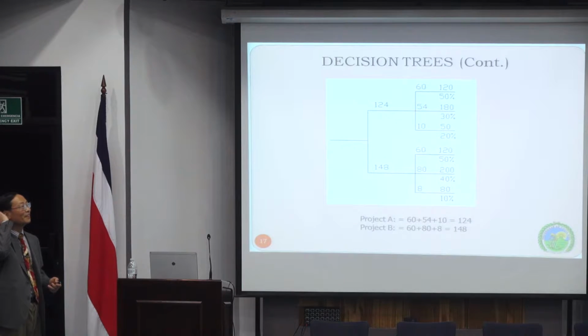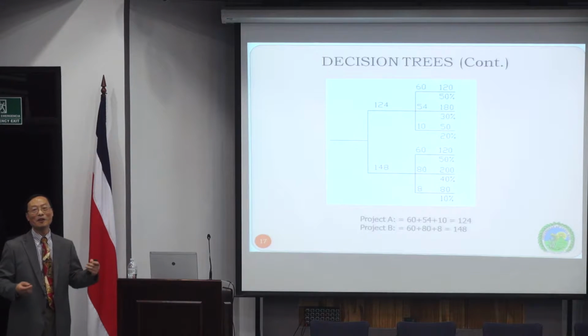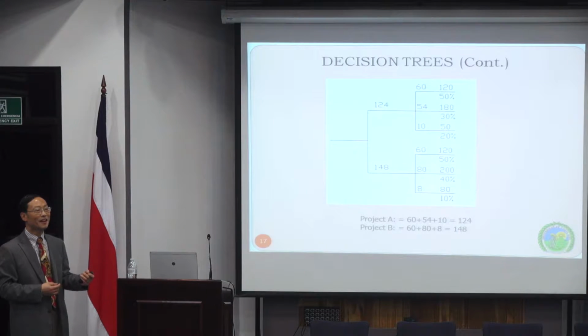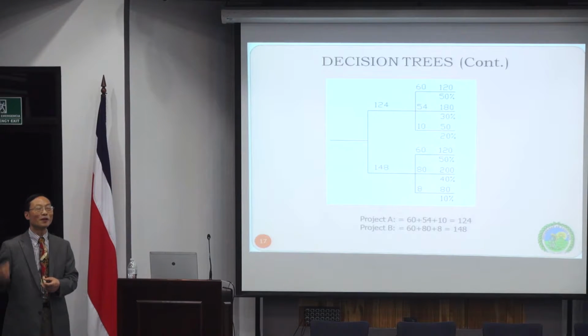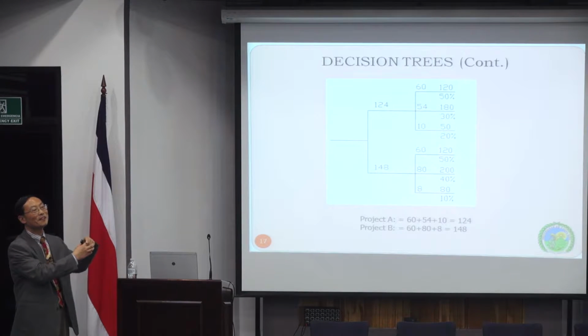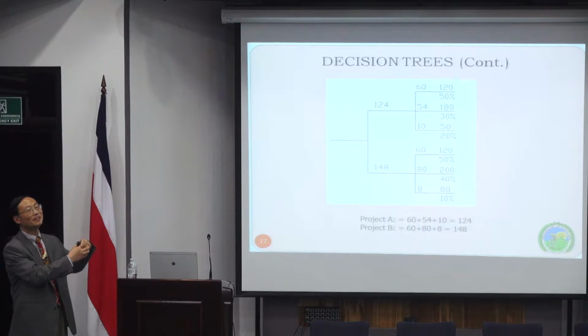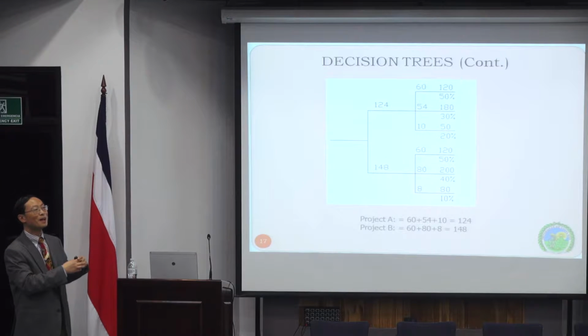Expected value is the probability times the value of the event when it happens. For example, if we buy a lottery ticket, we have a one in a million chance of winning, and if you do win, you win 1 million. So what's your ticket value? The ticket value is the probability, 1 out of 1 million, times the value when it happens, which is 1 million. Multiplied together, it's $1.